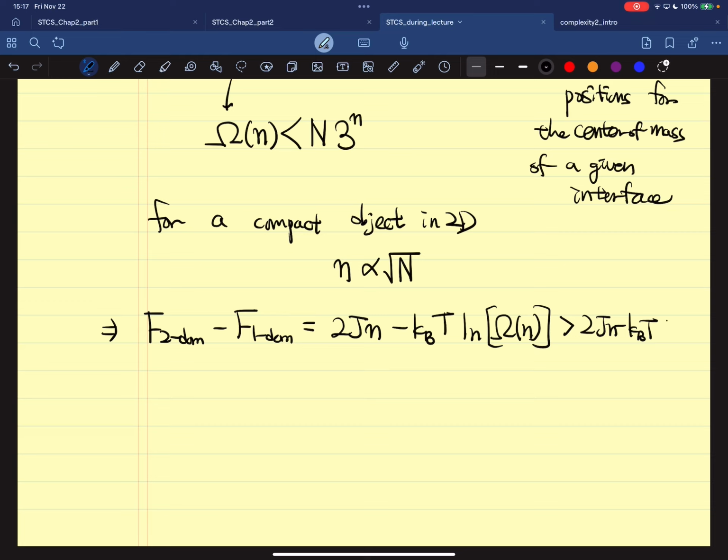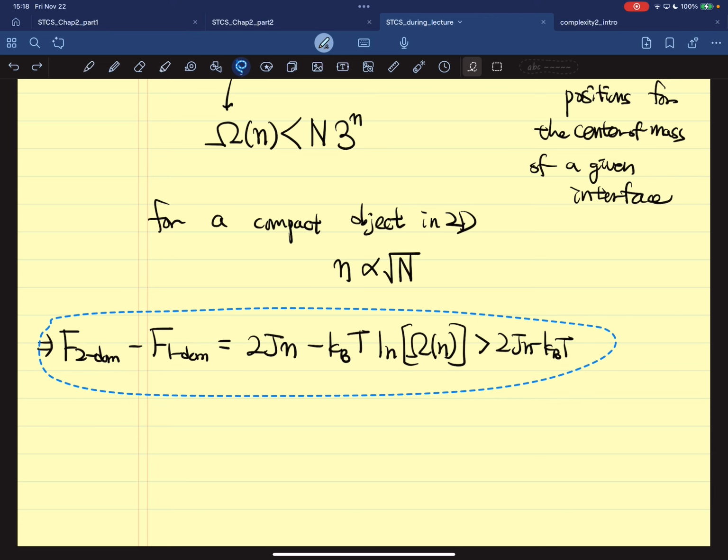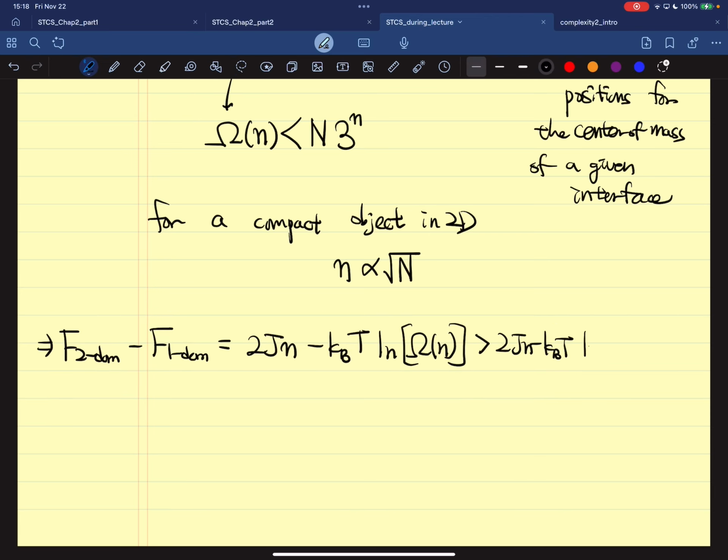So it should have this KBT, and let's move this, log of n to the power of this one.